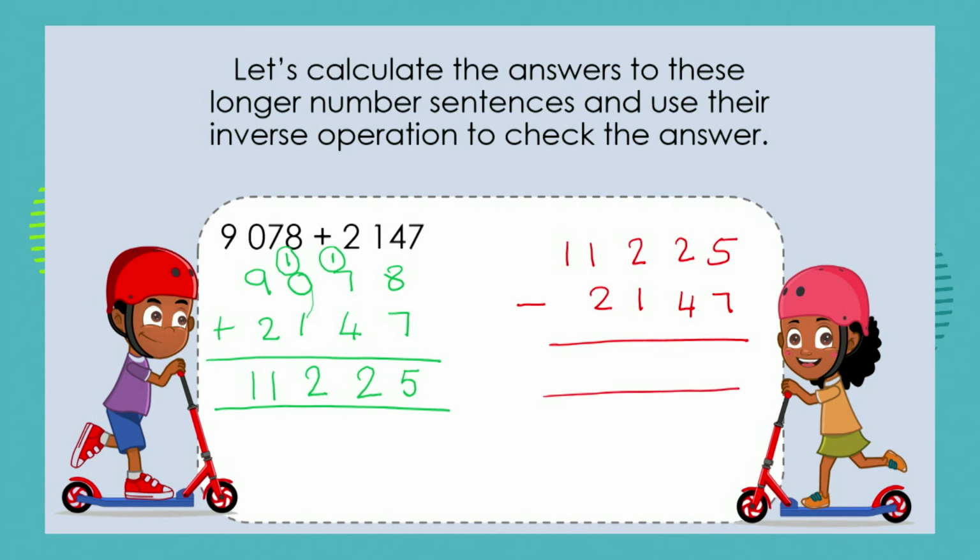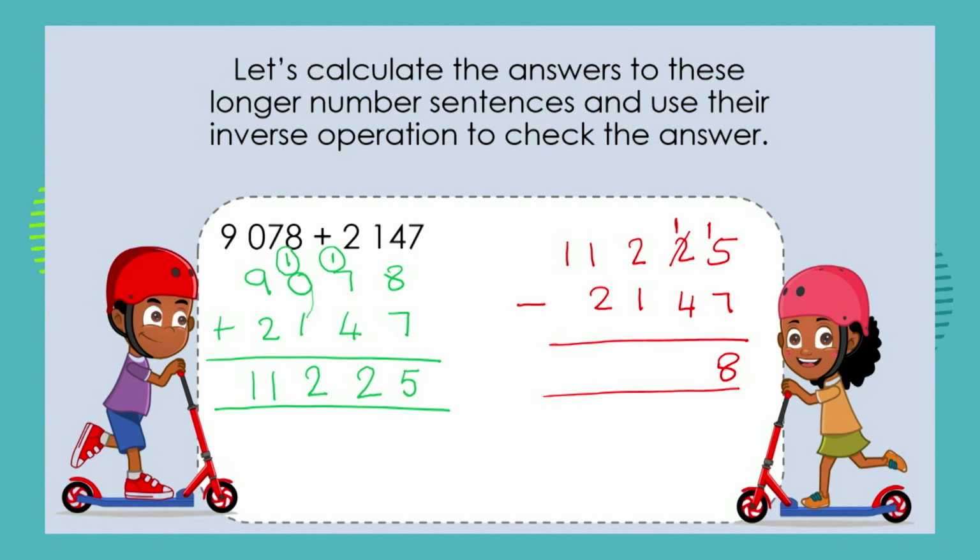So 5 minus 7, we can't do that. So we change the 2 into 1 and we carry the 1. So 15 minus 7 gives us 8. 1 minus 4, we cannot do that.